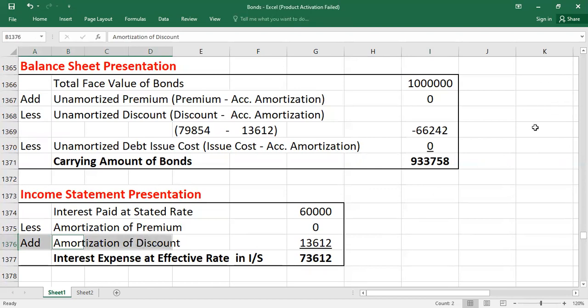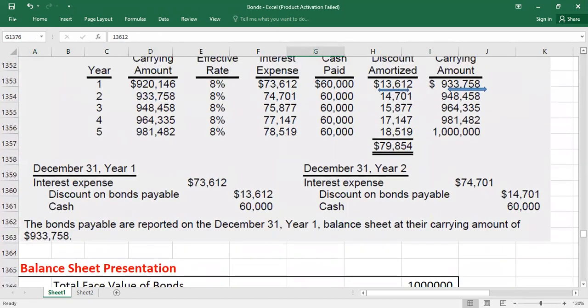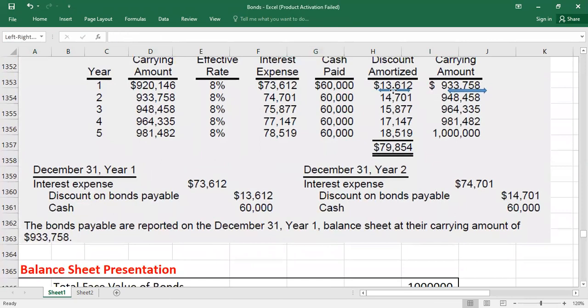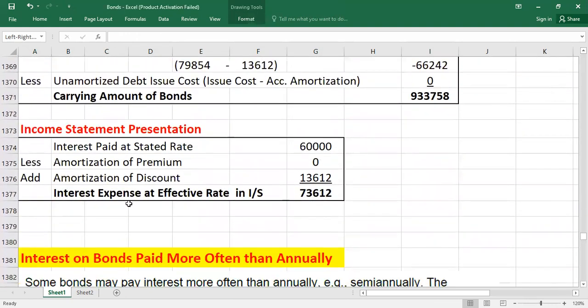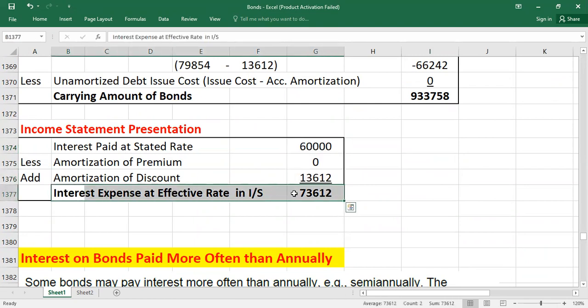Yes, in the first year you have amortized discount of 13,612. You can just check from the table. Here we go. Here we have amortization of discount, 13,612. Okay, so this you will include in the finance cost. So it will automatically be 60,000 plus amortization of discount, which will be equal to interest expense at the effective rate.